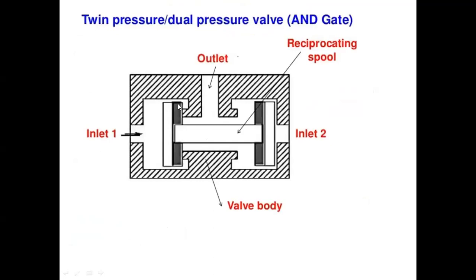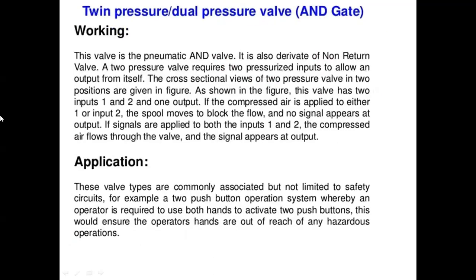Next, twin pressure valve. In pneumatics this is the AND gate valve. It is also derived from a non-return valve. A two pressure valve requires both inputs pressurized to allow an outlet from itself. The cross-sectional view of two pressure valve in two positions is shown in figure.